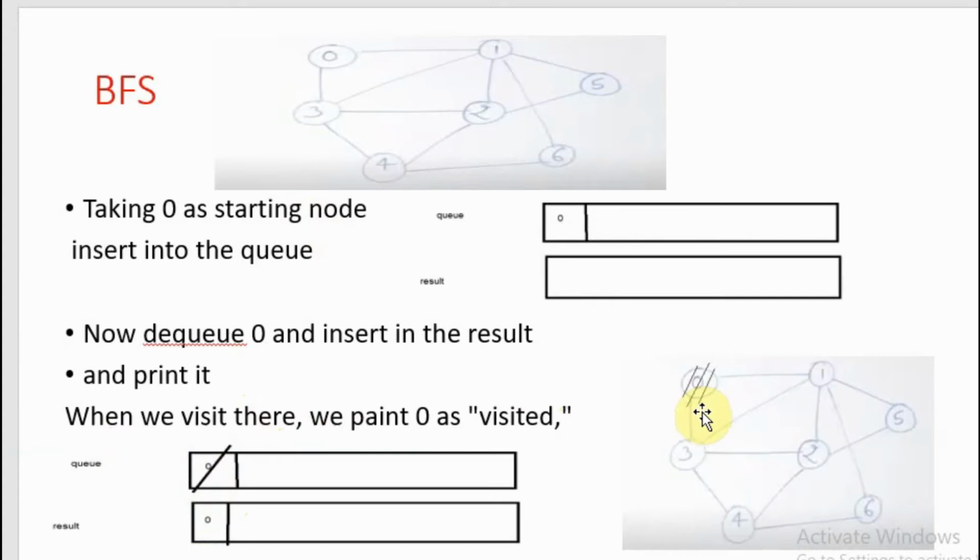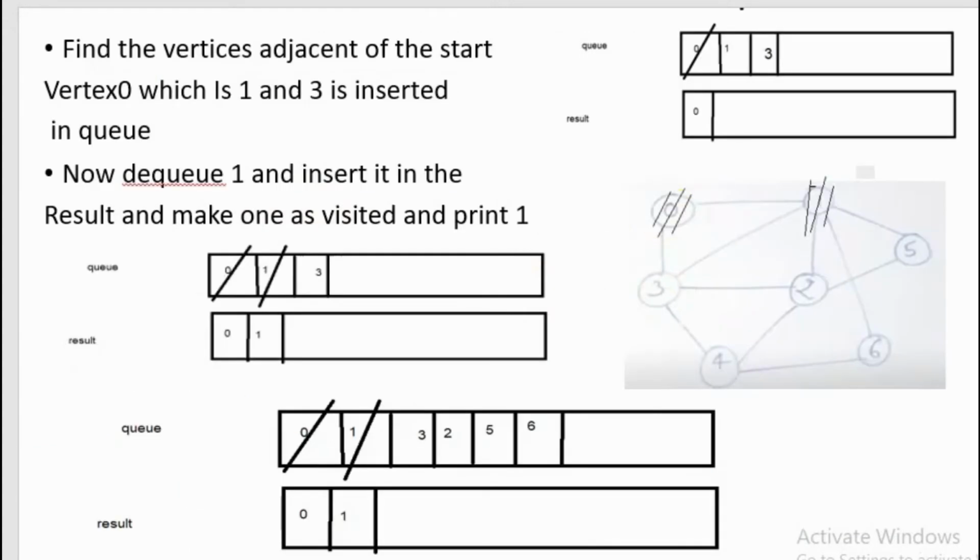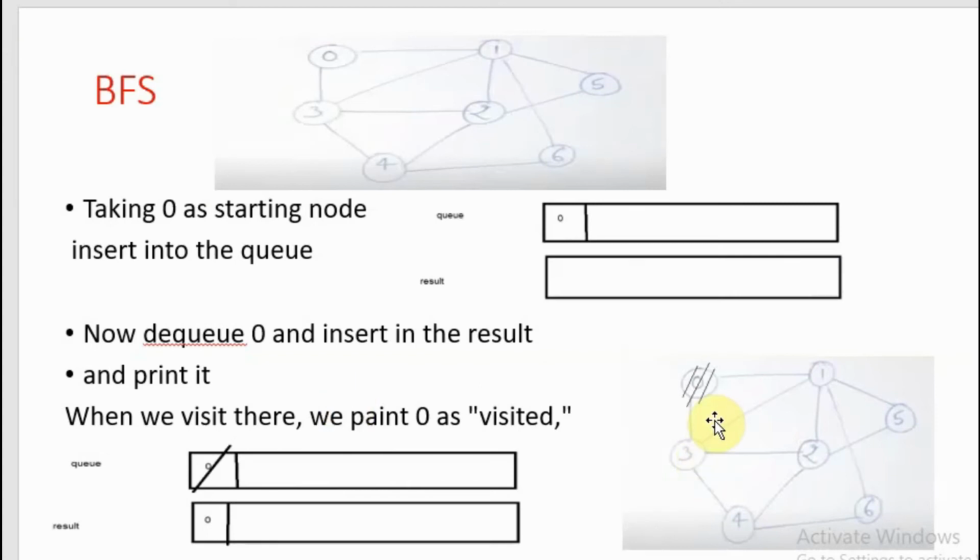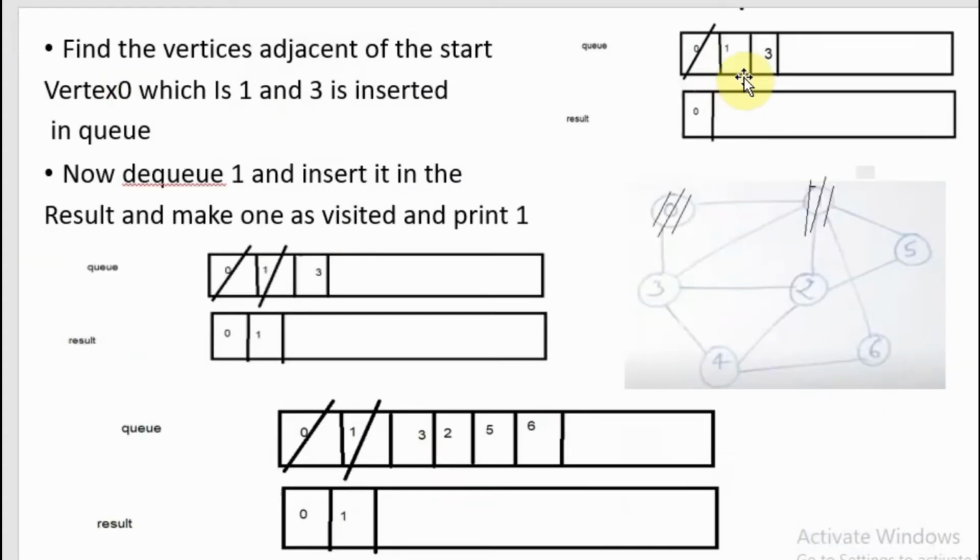According to the algorithm, next you have to find out the adjacent vertices of the starting node, that is, whether it is having any unvisited neighbors or not. So let us check whether 0 is having unvisited neighbors. The unvisited neighbors of 0 are actually 1 and 3. The adjacent vertices of 0 are 1 and 3 and they are inserted into the queue.